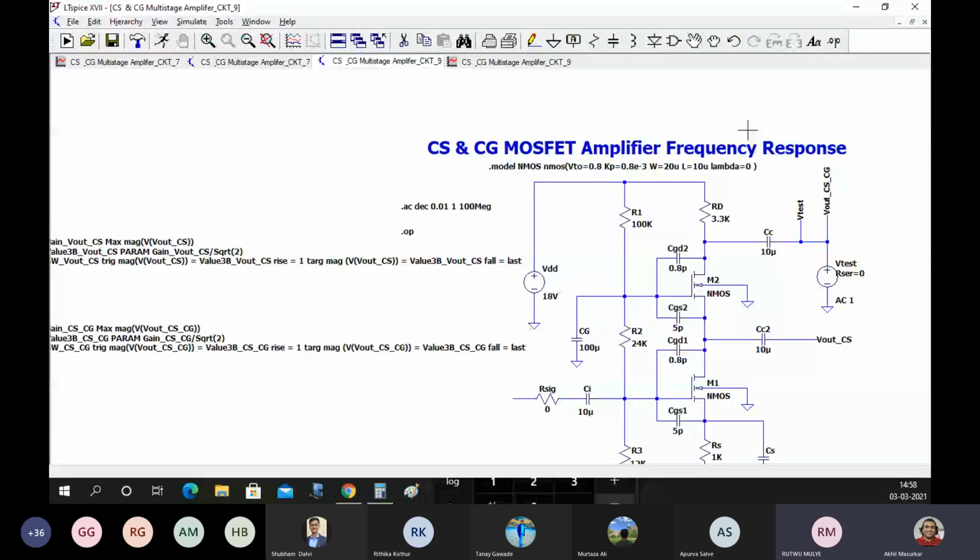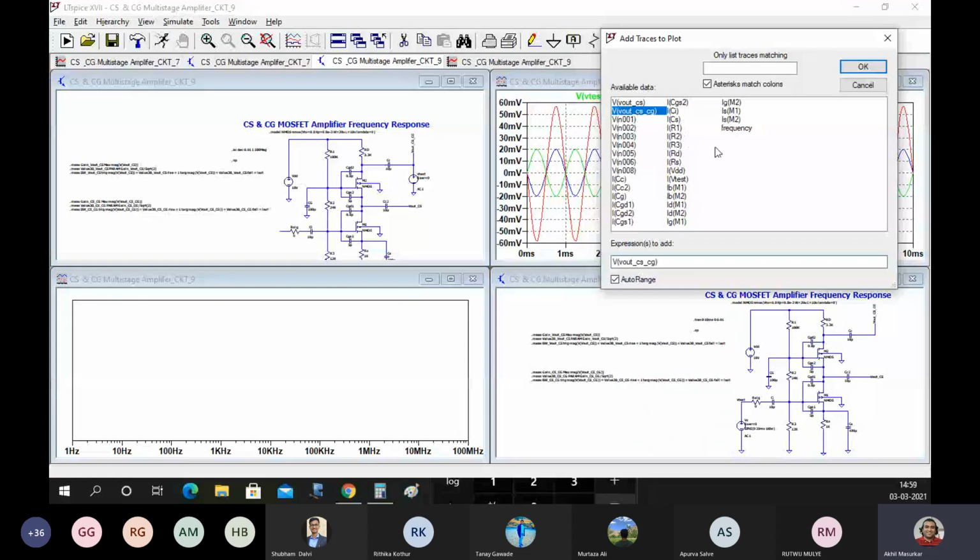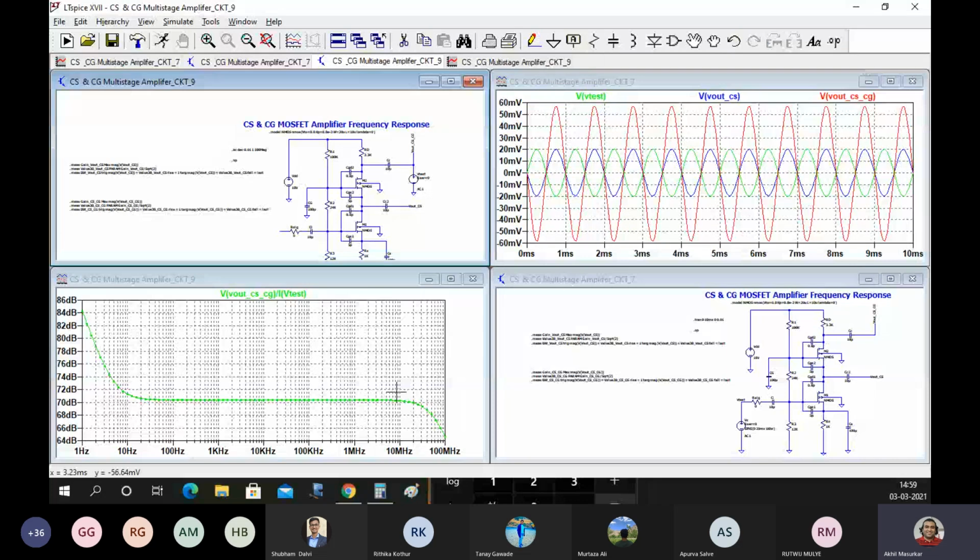Sir, we can take it as V out CGS also, no? Yes, CSCG, that's exactly what is happening. So we will just take it as V out CGS upon I test. So here I will add trace, that is output voltage divided by ID, sorry, I test. So that is going to be 70 dBs.